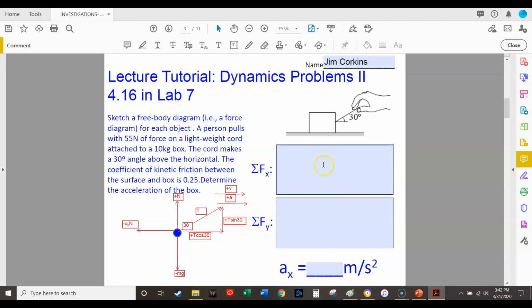All right, here we go. I'm going to start with the sum of forces in the x direction, so I'm only going to look at horizontal vectors. I have two. I see one, T cosine of 30 degrees pointed to the right, which is positive. I see a leftward pointed vector that's negative mu sub k times the normal force. So I'm going to start with the left arrow.